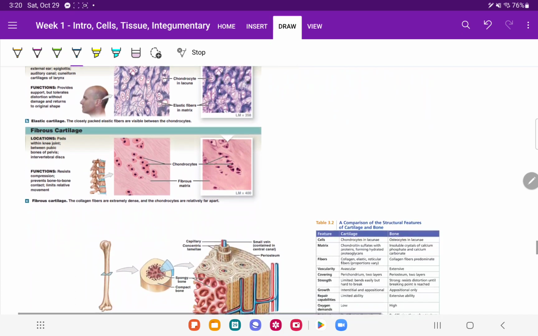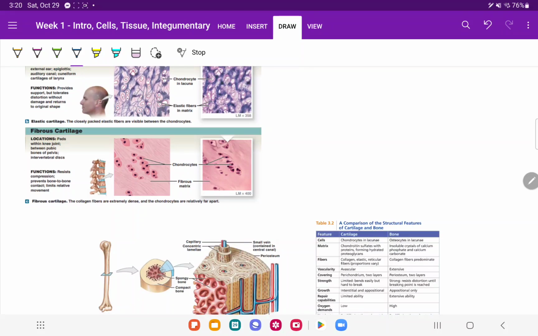Okay. And then, of course, we have fibrous cartilage, or fibrocartilage. It has little ground substance and may lack a perichondrium. The matrix is dominated by collagen fibers, right?